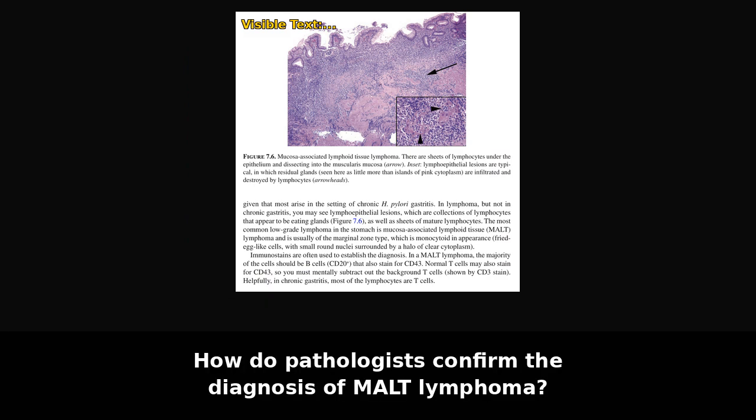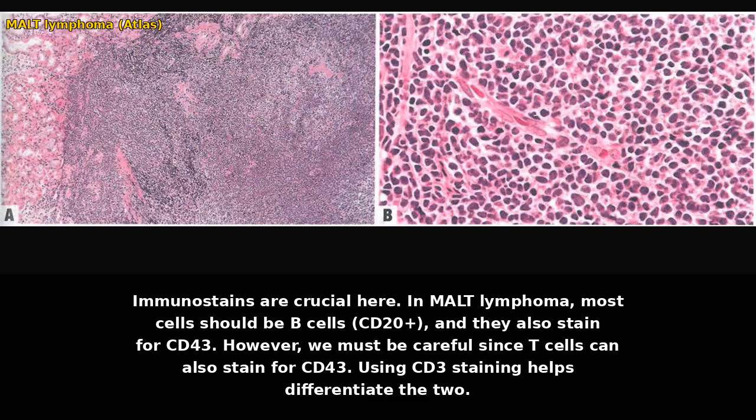How do pathologists confirm the diagnosis of lymphoma? Immunostains are crucial here. In MALT lymphoma, most cells should be B cells, and they also stain for CD43.